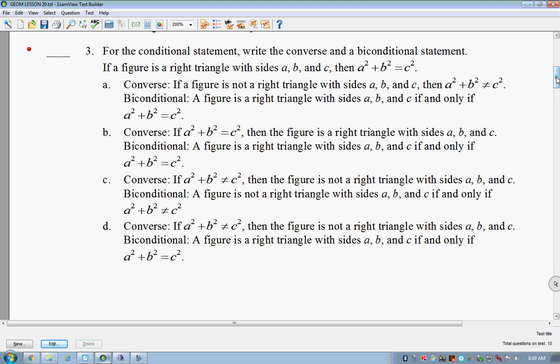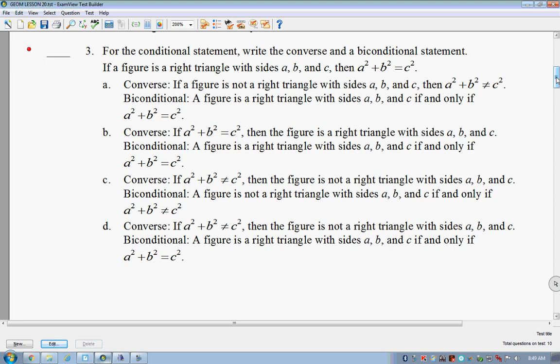She took her A squared plus B squared equals C squared and put it at the beginning. She took the figure as a right triangle with sides A, B, and C and flipped those things around, which looks like the converse that's being listed. Is A the right converse? Inverse has a not in it.